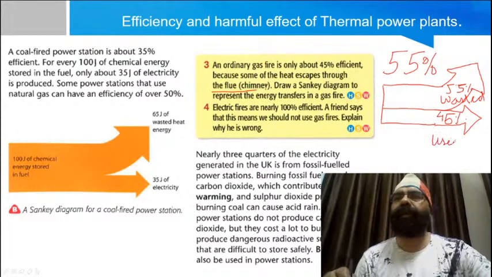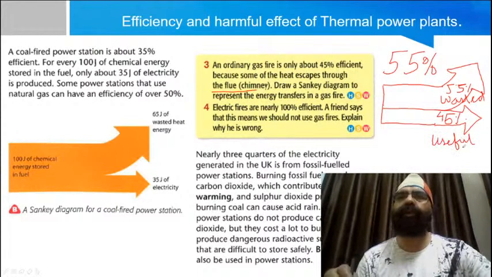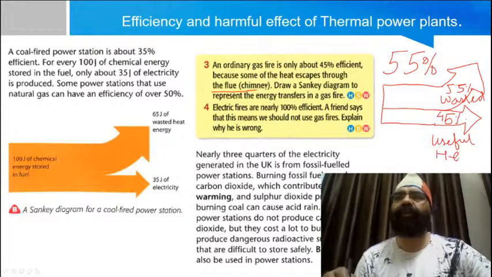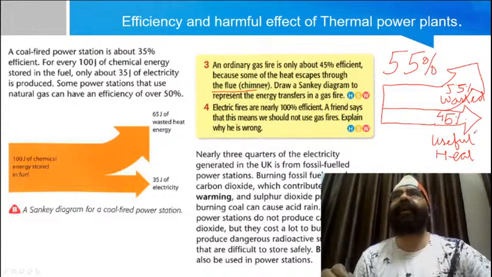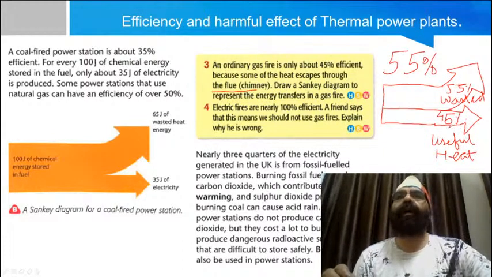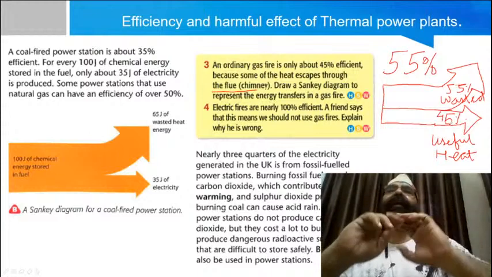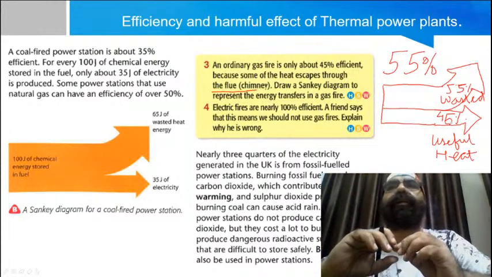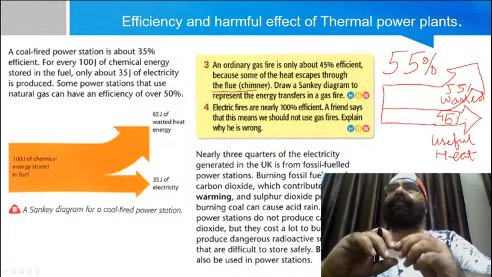This is converted into useful heat energy, which is transferred to whatever we have kept on this gas fire to get heated. Clear, beta? Rishika, understood the Sankey diagram for situation number 3, ordinary gas fire.